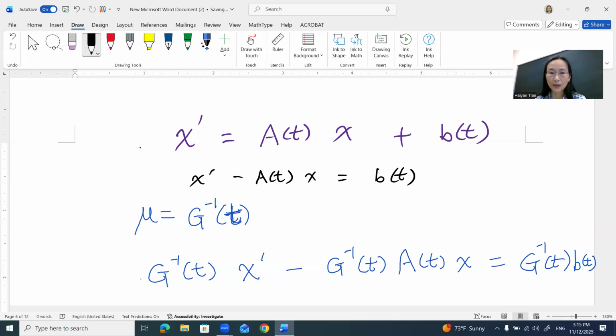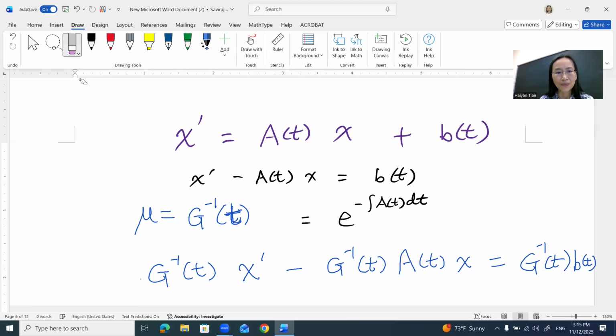Then what we do is multiply it by the integrating factor, which is e to the negative integral of a of t dt. So the single equation case is a special case.